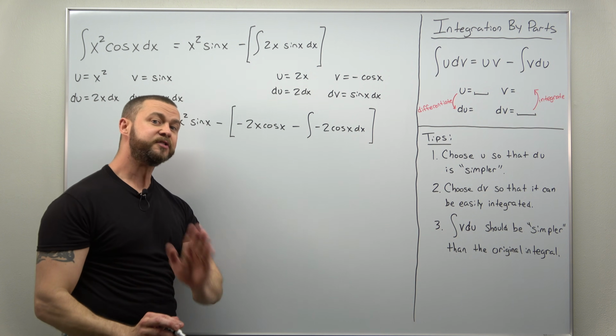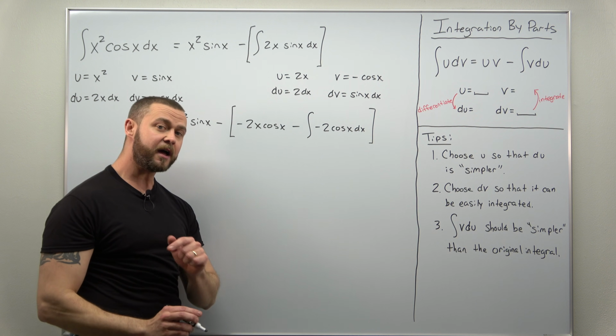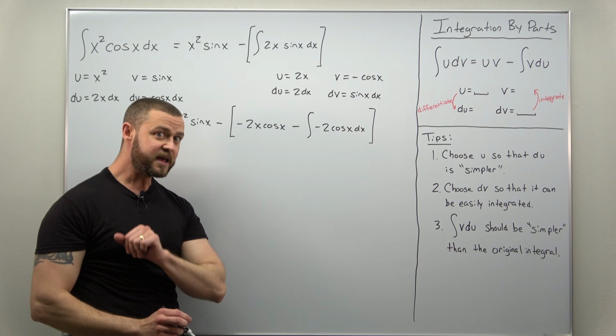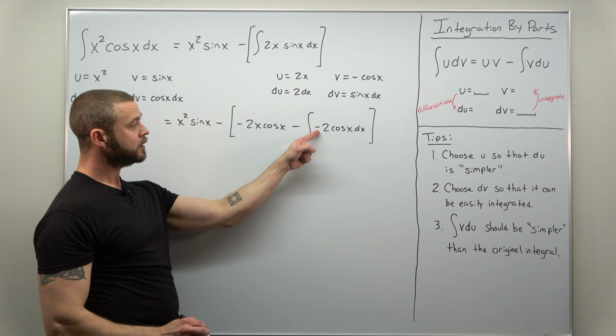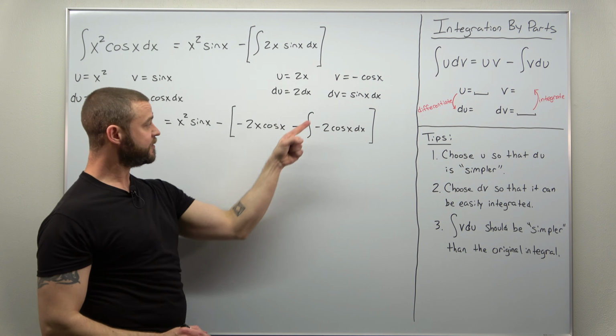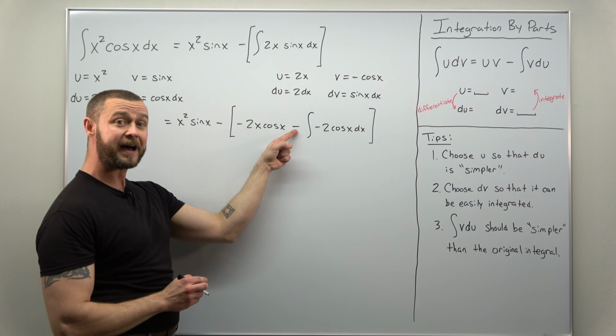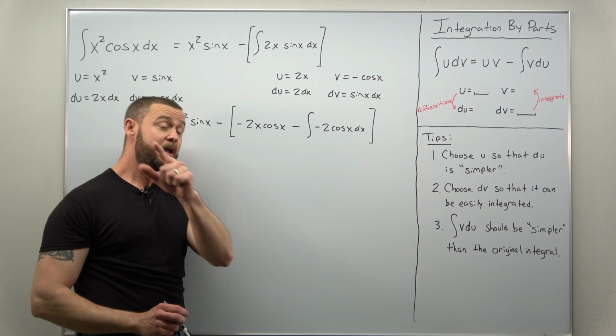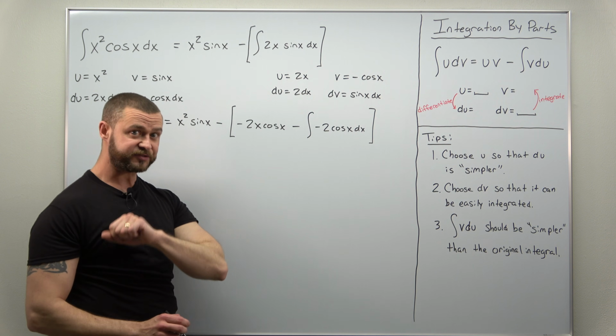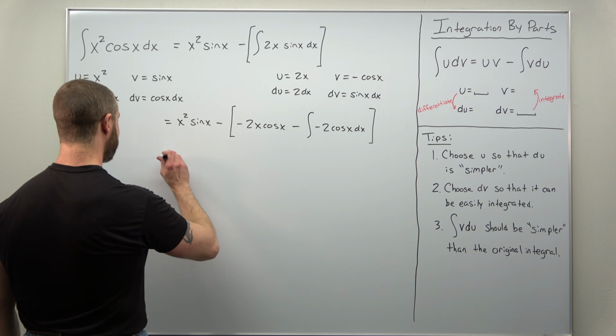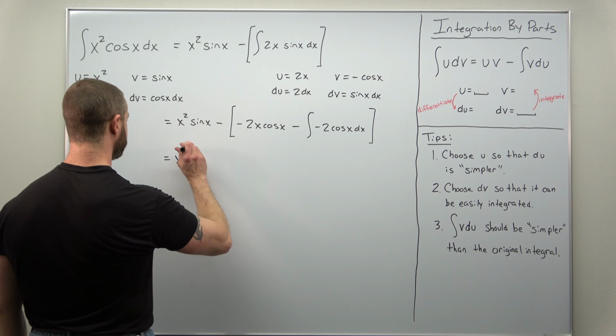Now with practice, you can combine several steps together, but here I want to be careful with my signs. The negative from your antiderivative and the negative from the integration by parts formula, you can bring that negative out front of the integral to cancel, and we can rewrite this as plus. So let me just take care of that small simplification.